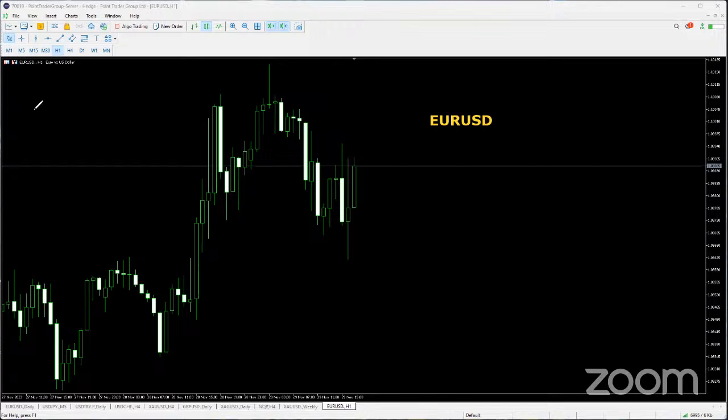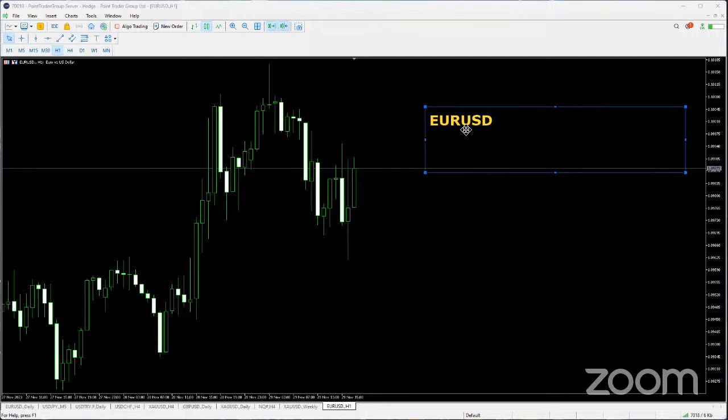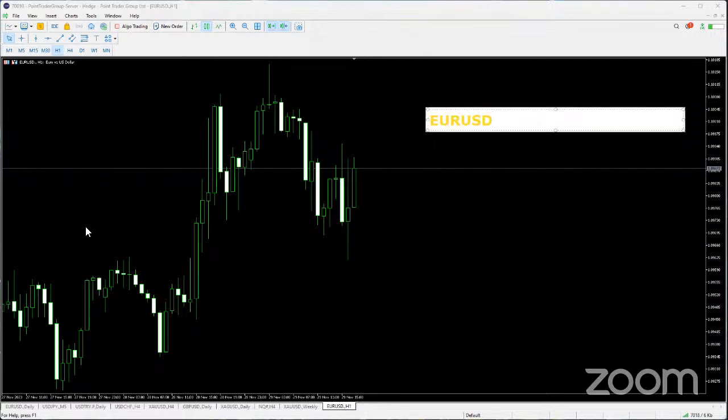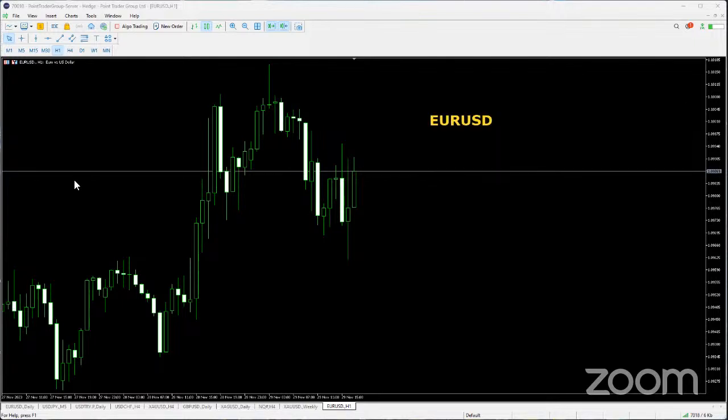Euro USD, this is how it works. I think I need to use a larger font size because this seems to be a little bit small. Yes, there you go.